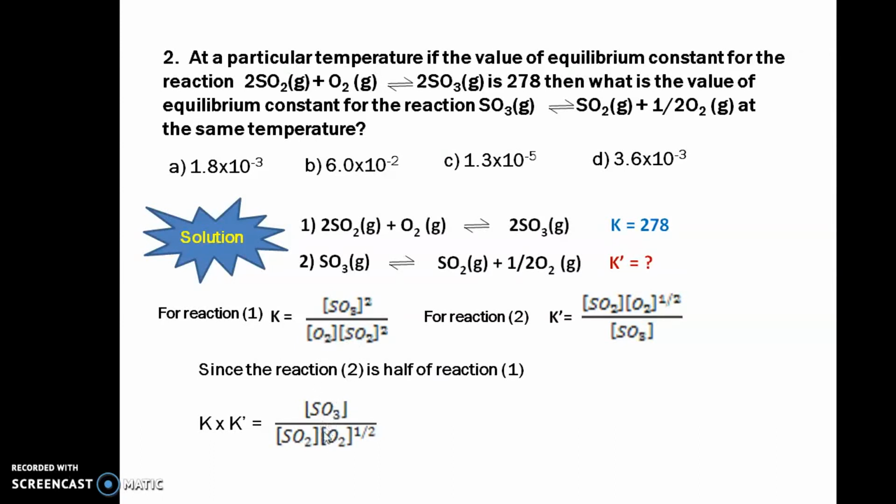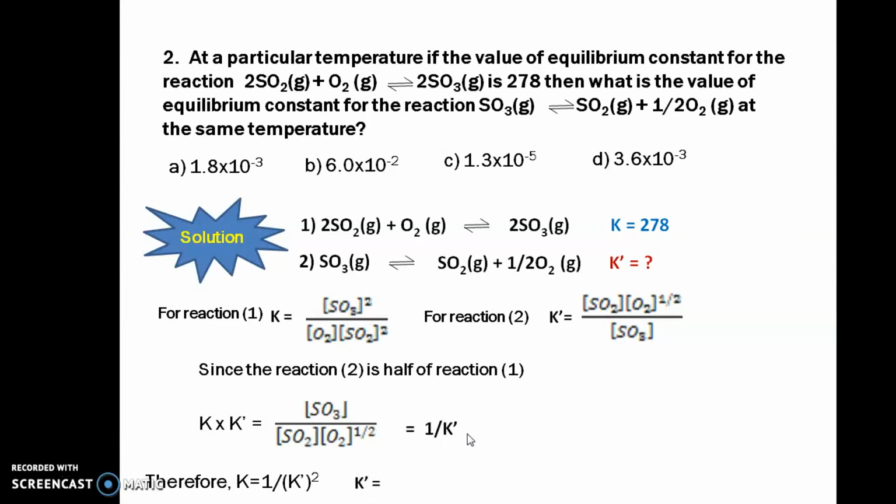We will get SO3 divided by SO2 into O2 raised to half. Look at this one, this is nothing but the reverse of K dash. So we will write K into K dash is equal to 1 divided by K dash, and once again this K is equal to this K dash, we can transfer this side, so it becomes 1 divided by K dash whole square.